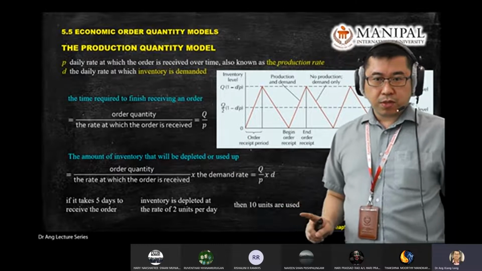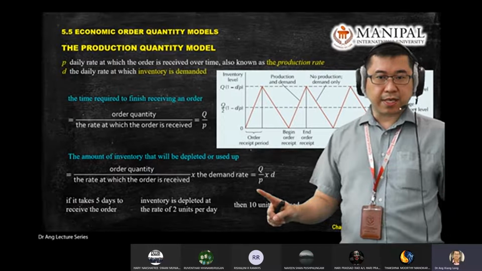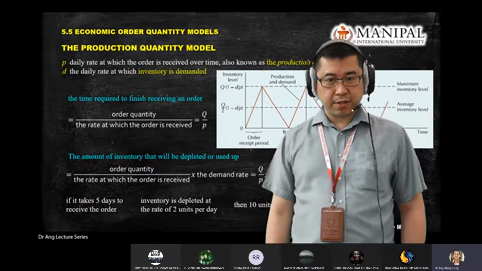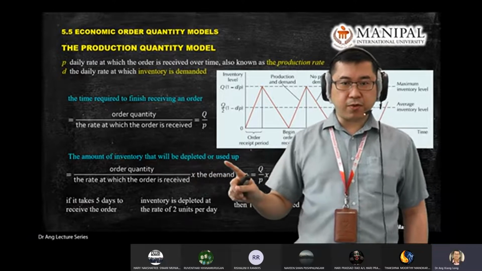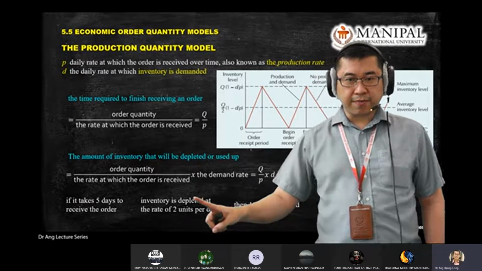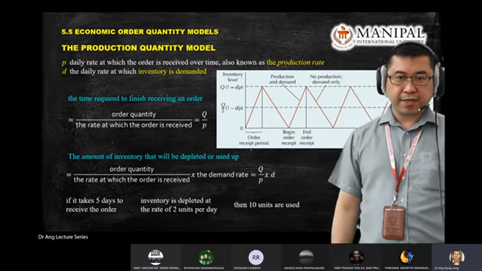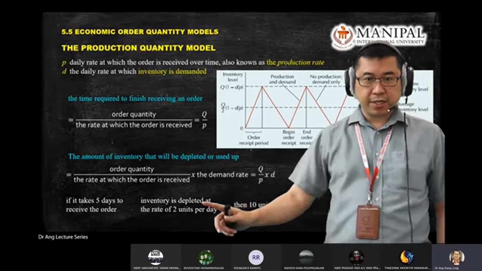So 10 units will be used up. This is to calculate the amount of inventory that will be used up after a certain demand is given. So this is just a simple calculation.